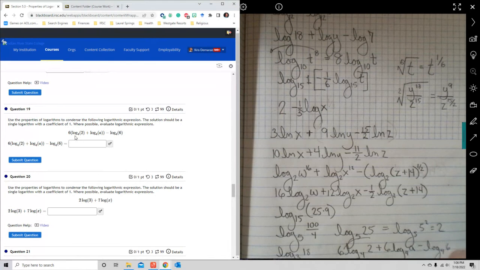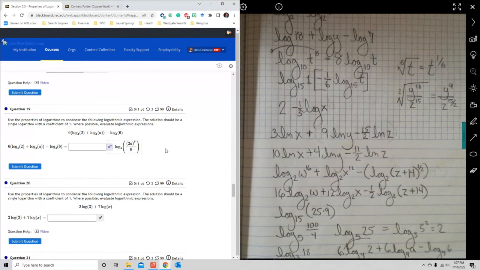It's going to be log base 4. 2 to the 6 is 64, so it's 64A to the 6 all over 6. Now, interestingly enough, they combine it the way they did there.